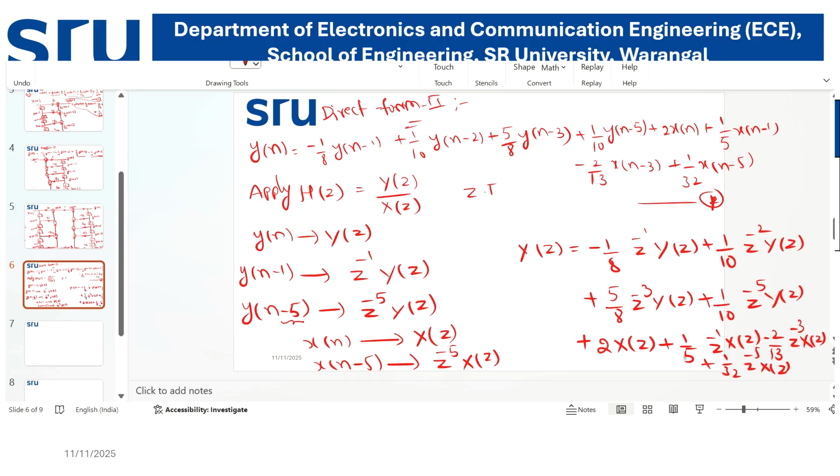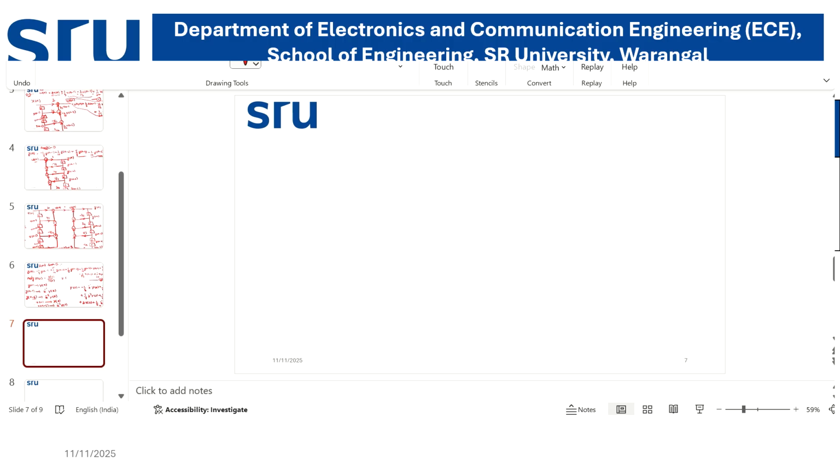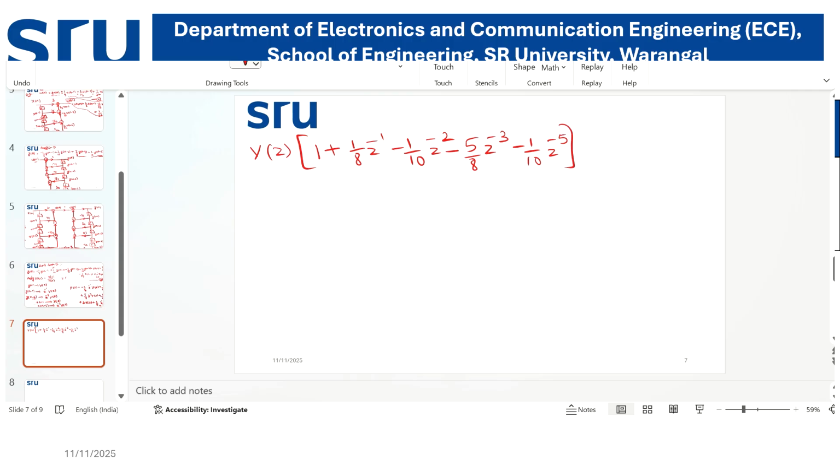After applying the z transformation, we have a common factor, that is Y(z), which is common on both sides, as well as X(z). Now take Y(z) as common and X(z) as common to get our transfer function. If I take Y(z) as common, getting to the right hand side, then 1 plus 1/8 z^-1 minus 1/10 z^-2 minus 5/8 z^-3 minus 1/10 z^-5.